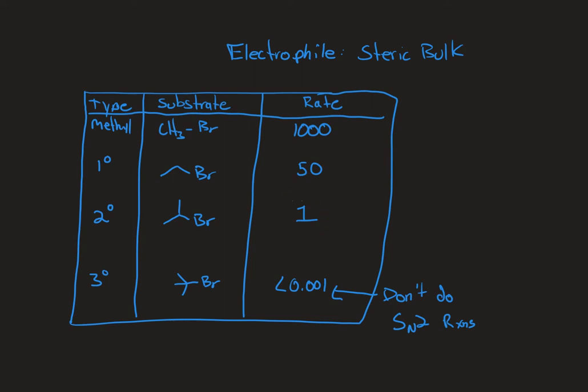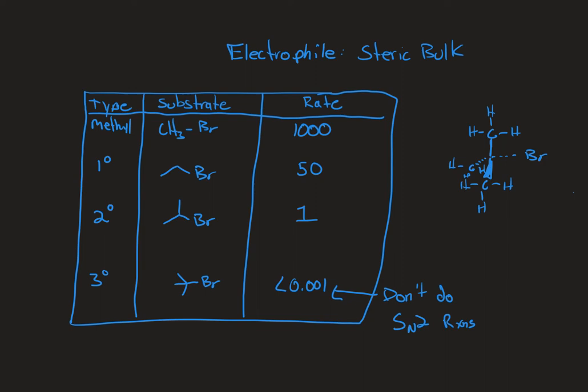And so again, if we look at the transition state of this reaction, if we think about a tertiary bromide, that should show that bond to bromine as breaking for the transition state.